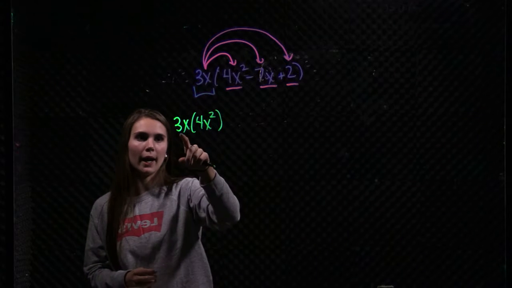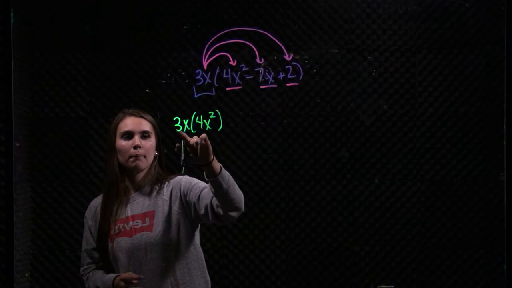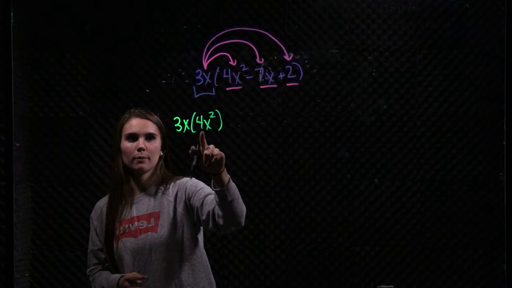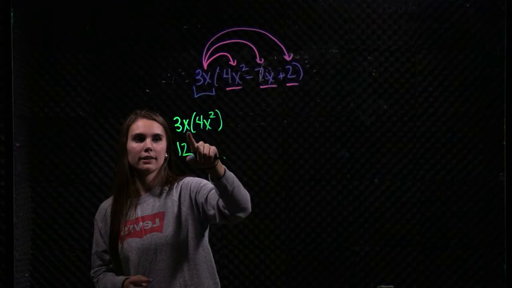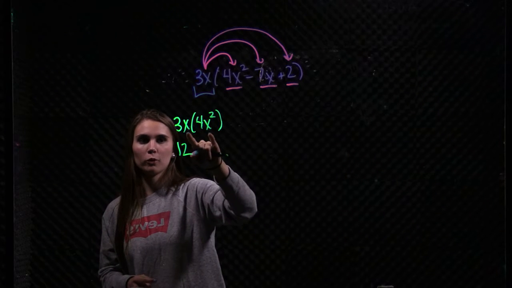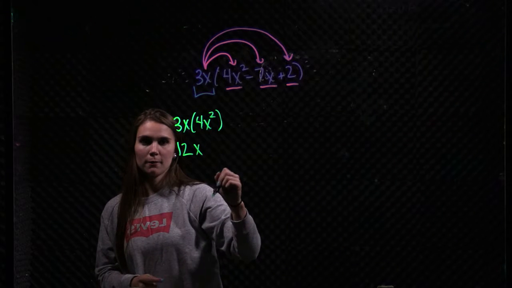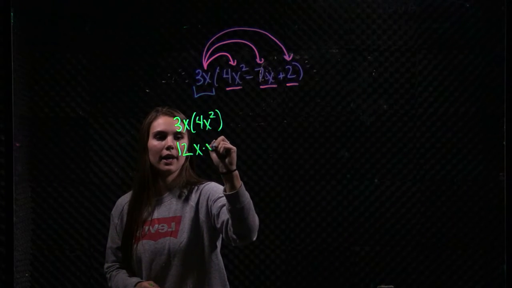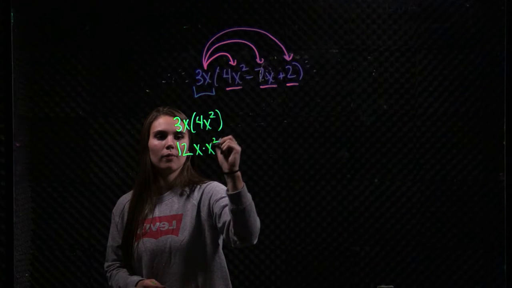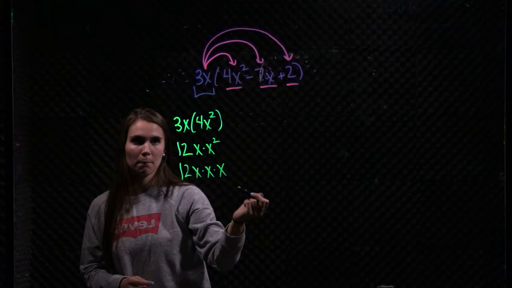And when we multiply these polynomials, we want to multiply with these numbers first. So we've got 3 times 4, which is 12. And then x times x squared. When we multiply variables together, we add their exponents. Because we're essentially saying this is going to be x times x squared, which is also 12 times x times x times x.